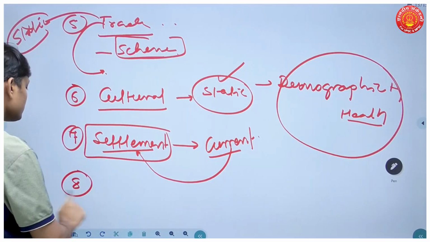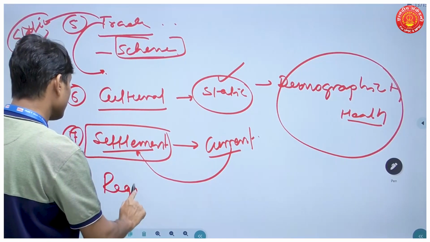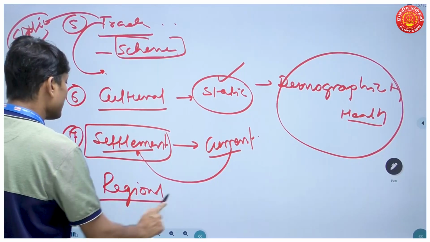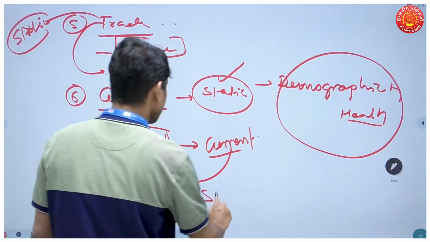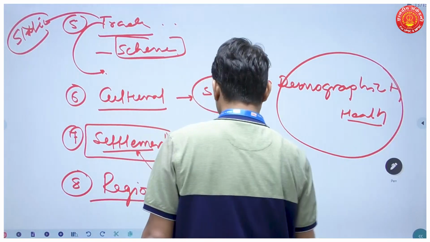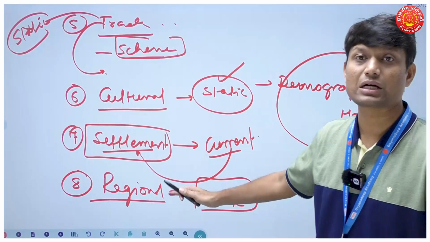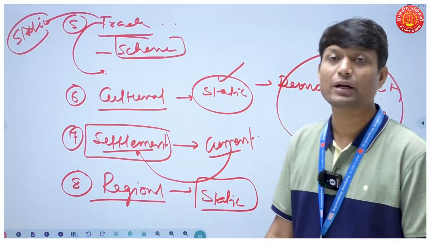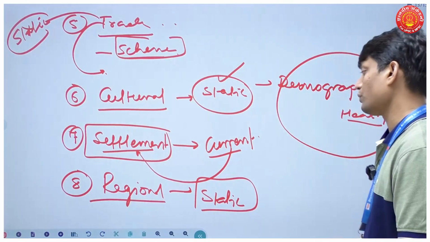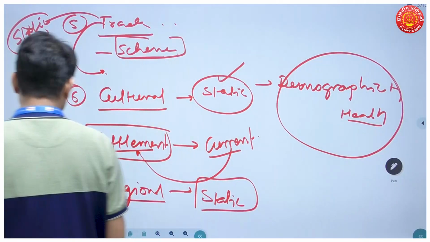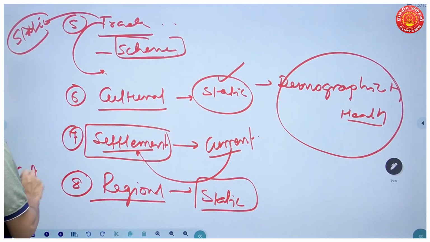Now I have regional geography of India, regional planning and development, and in this part most of the issues are static, right? You should have a good hold of all the issues discussed in regional planning and development, and that will solve most of your purpose. I do not personally think that I need to go for a current affairs approach.